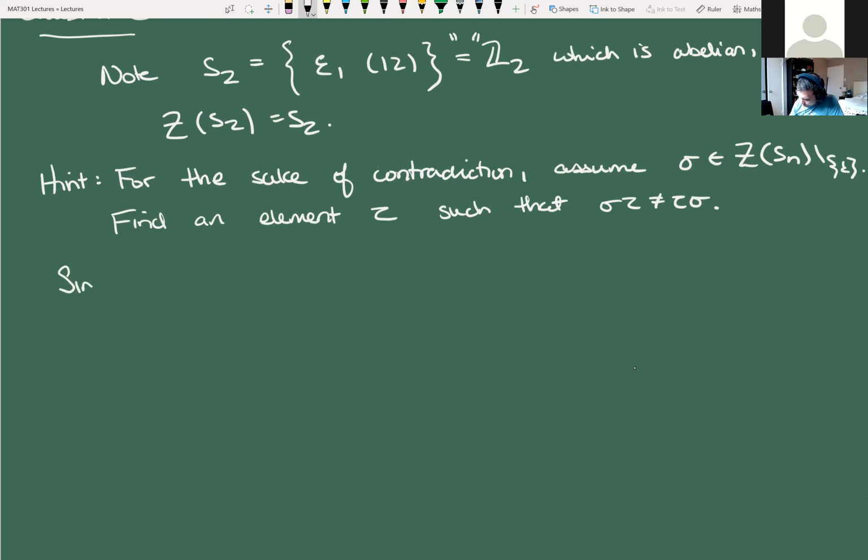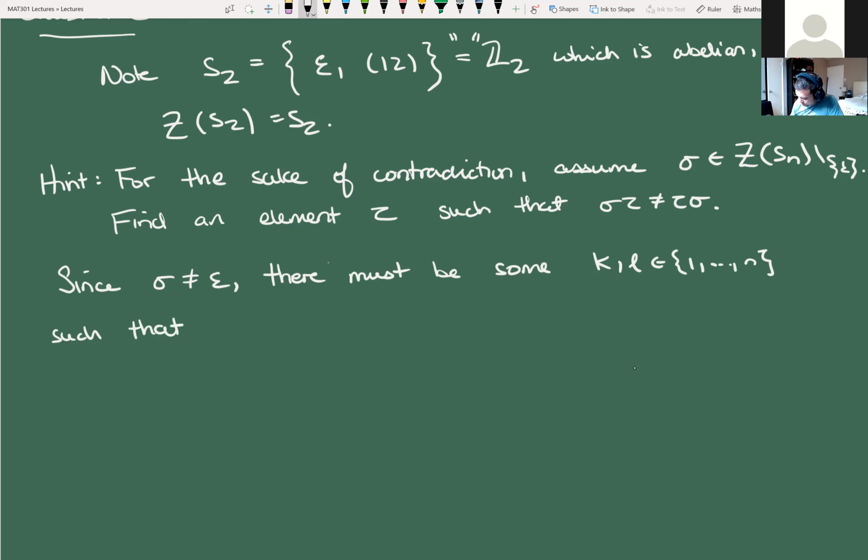So since sigma is not the identity, there must be some K and L such that sigma of K equals L, but K does not equal L. Does that make sense?